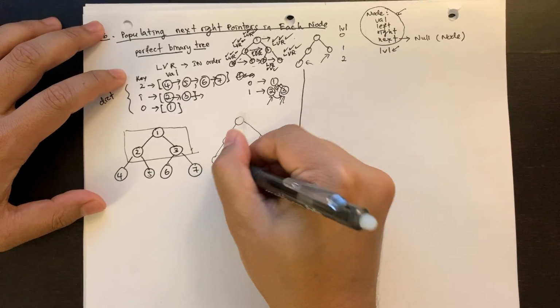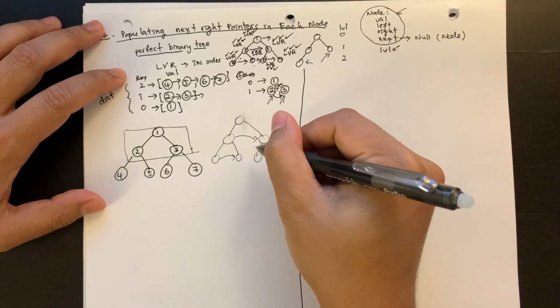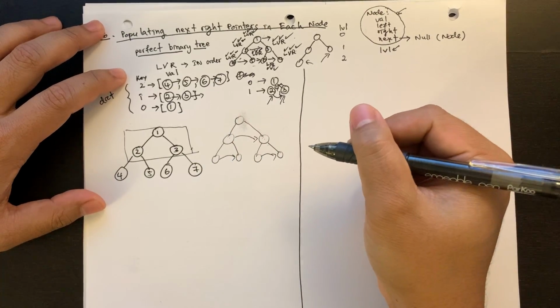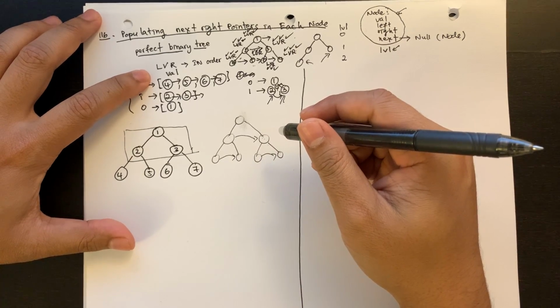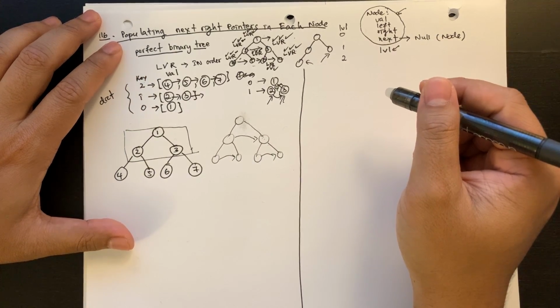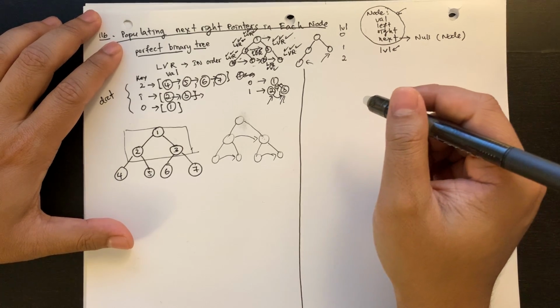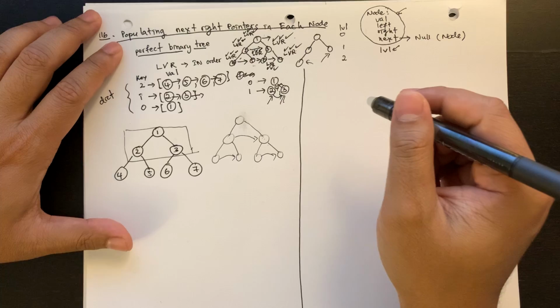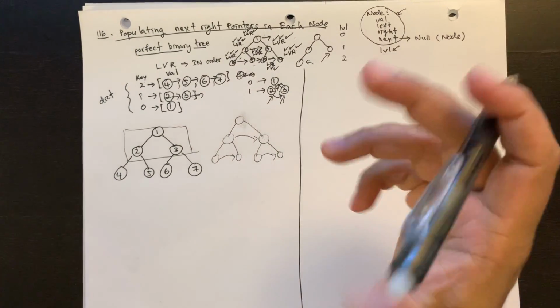So if you do recursion, you can connect this and then connect this. Oh, well, how do we connect this?